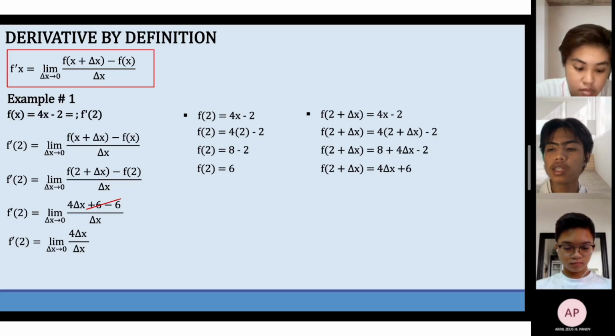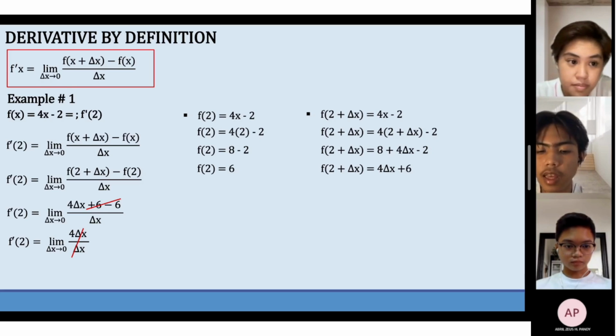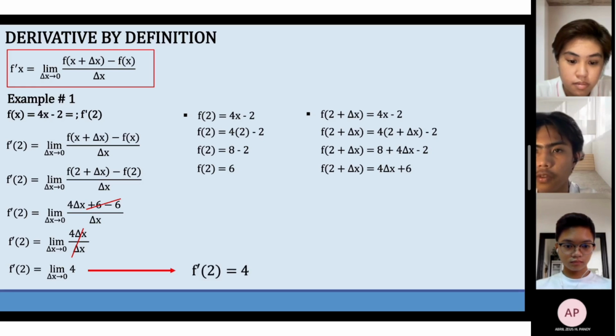We can now cancel out the delta x because if we divide delta x by delta x, the answer is 1. So the limit of 4 as delta x approaches 0 is equal to 4, since 4 is a constant and there is no delta x remaining in the expression. So the derivative of the function 4x minus 2 is 4.